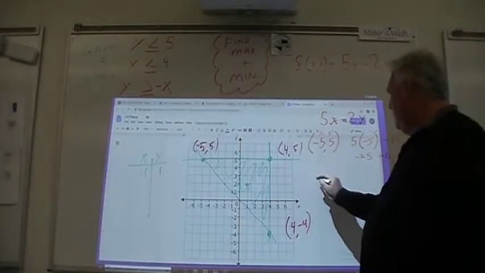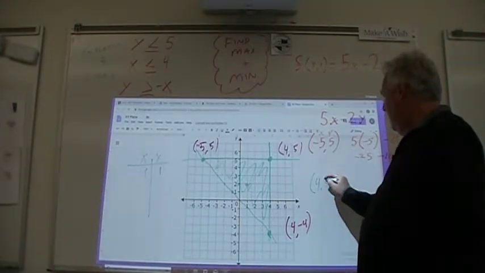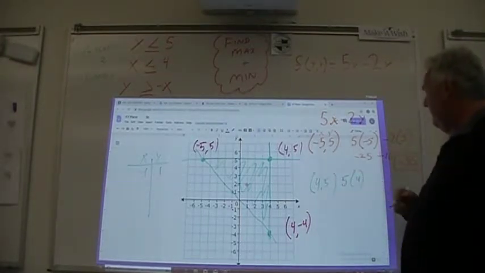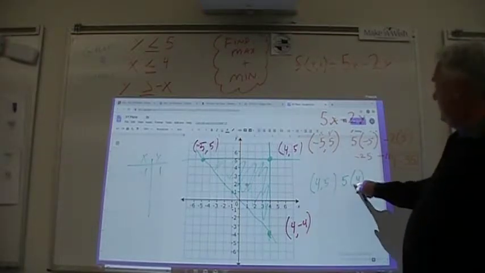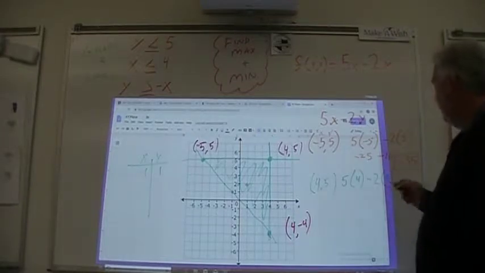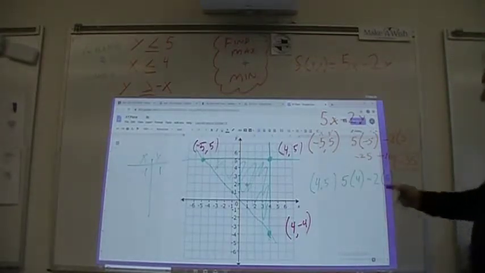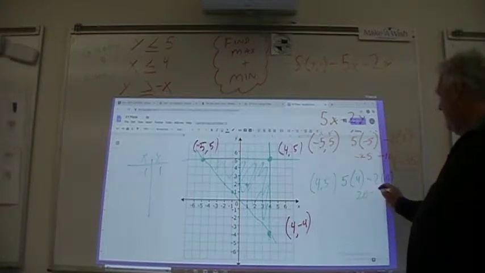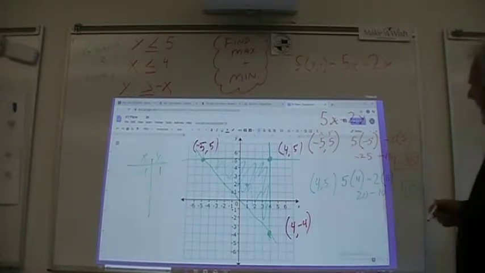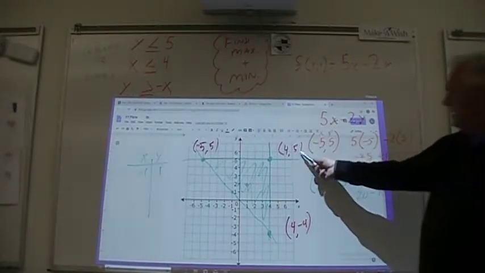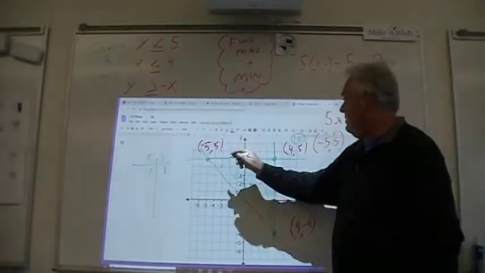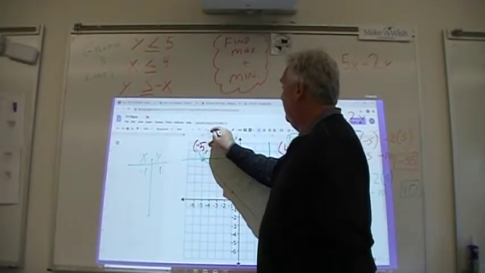When we have this point, 4, 5, let's put that in. 5 times 4, because 4 is the x, minus 2 times 5. 5 times 4 is 20 minus 10. When we have this point, the result is 10. And I'll even write those in a little bit right here. You get 10, negative 35.